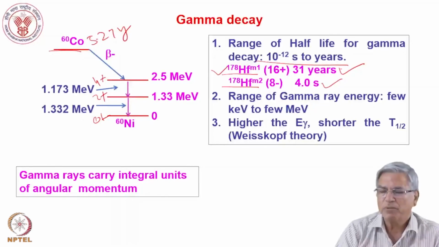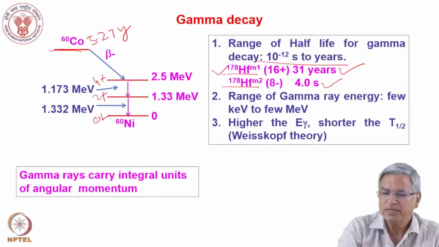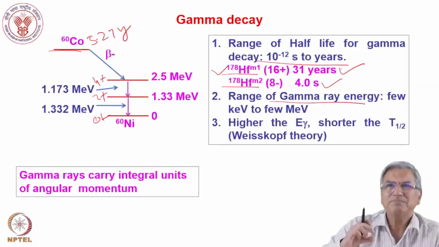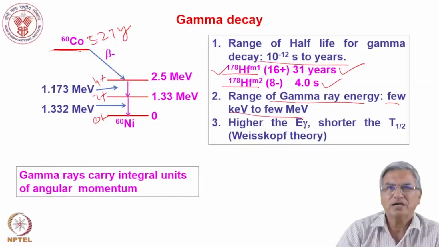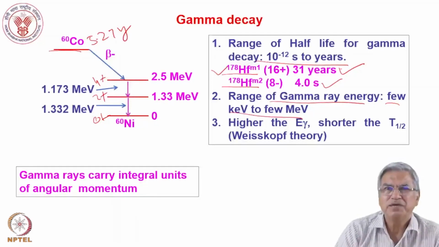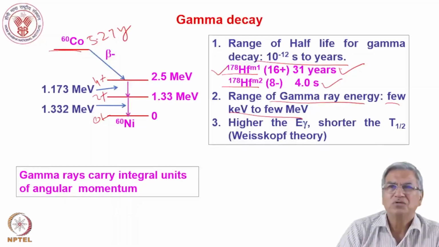The energy of the gamma ray is nothing but the spacing between the levels of the nuclei. So it could be from few keV to few MeV. So there are gamma rays of 50 keV also, there are gamma rays of 1 to 2 MeV also.